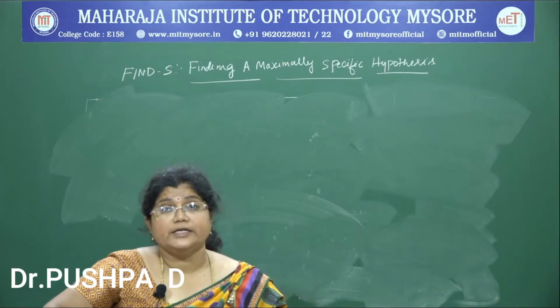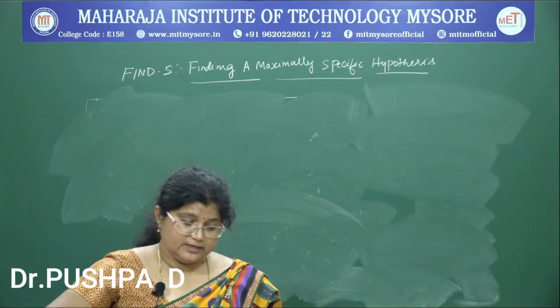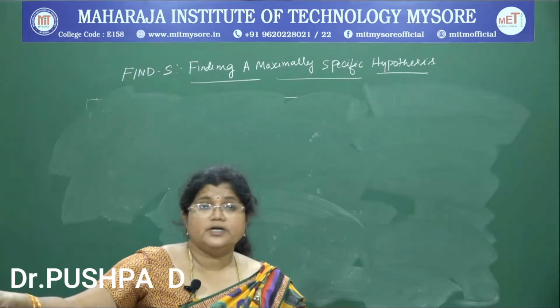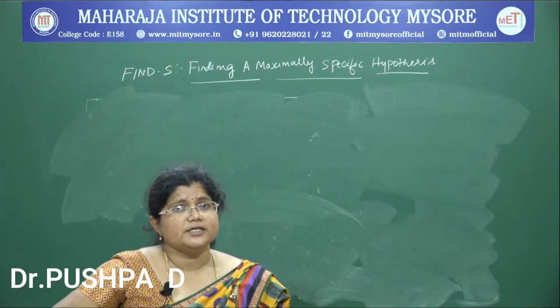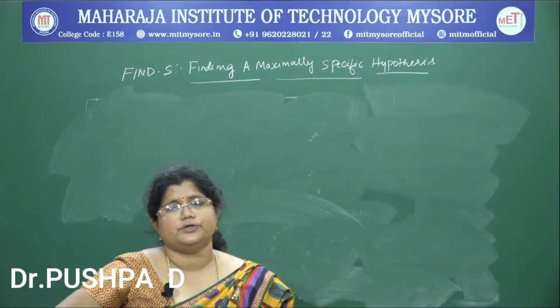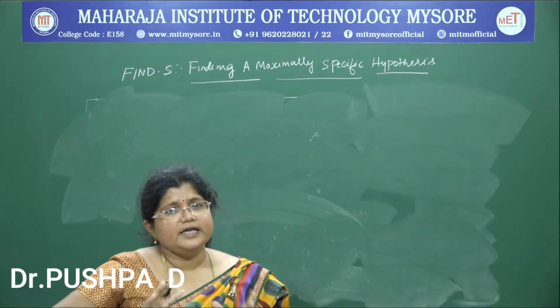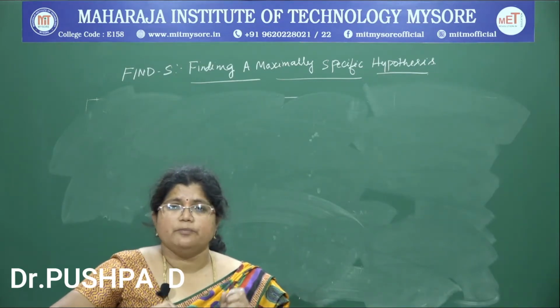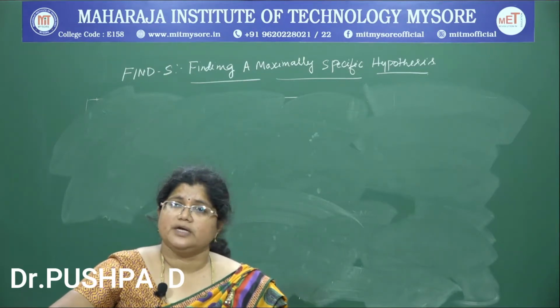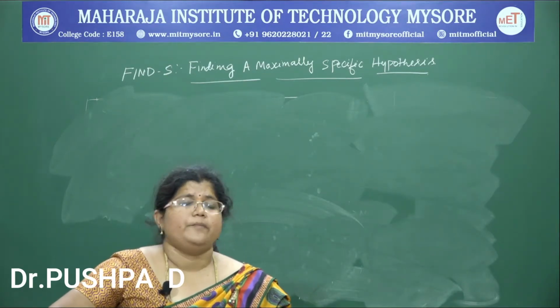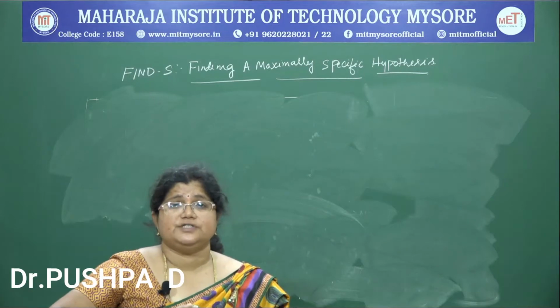The key idea behind the candidate elimination algorithm is to generate the set of all hypotheses which can address the entire data set, either positive training examples or negative training examples, that is, positive instances or negative instances.